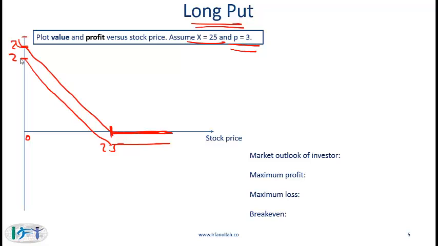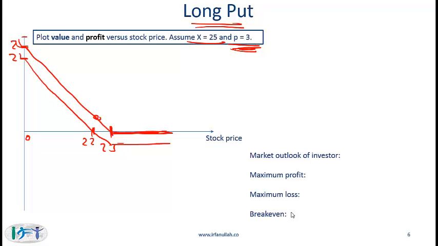So the maximum possible profit now is 22. Payoff is 25 minus the $3 that we pay means the best case scenario is a profit of 22. The break even is also 22, because if the stock price falls to 22, then the payoff is 3, which offsets the amount that has been paid for the put option. So let me just put these numbers over here.